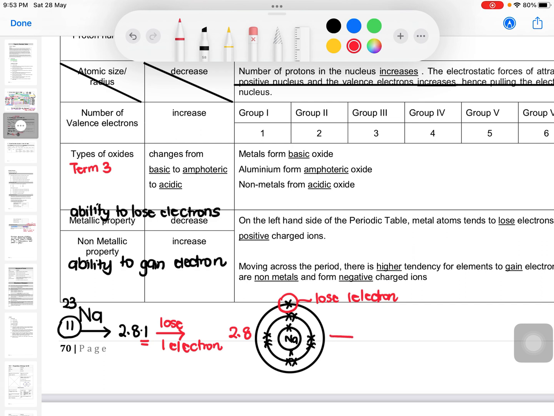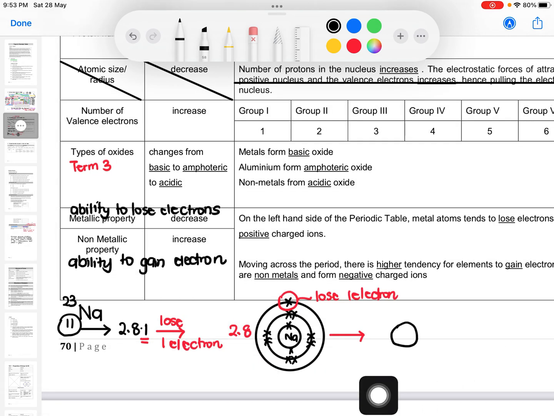From here, the process is I will lose one electron. So what happens is I will form a positive charge ion. When you lose one electron, you become positively charged. So on the left hand side, metals tend to lose electrons and form positive ions.